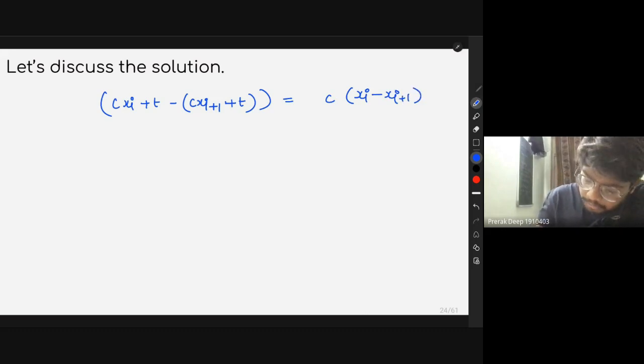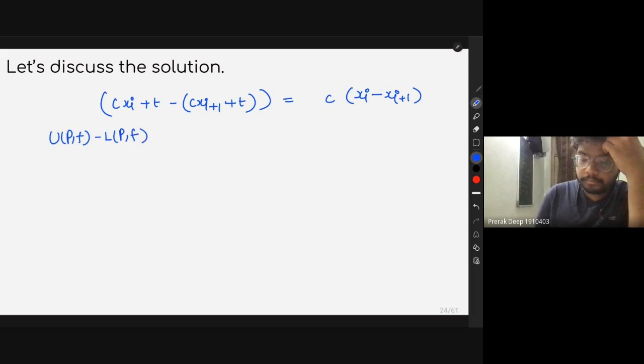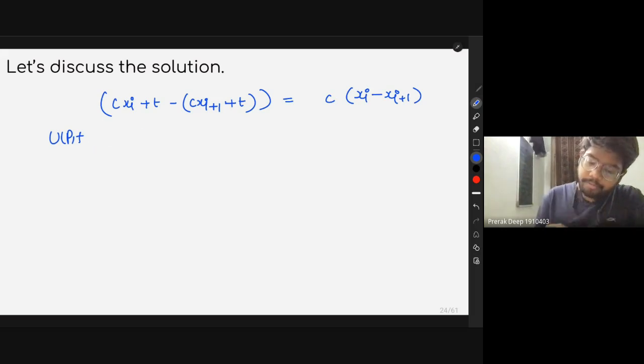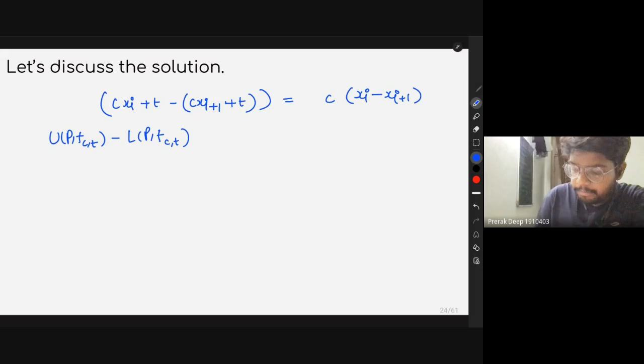So if I consider this UPF minus LPF, this now becomes UPFT minus LPFT, because we have changed the interval now.